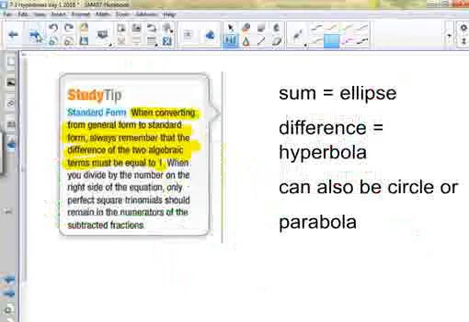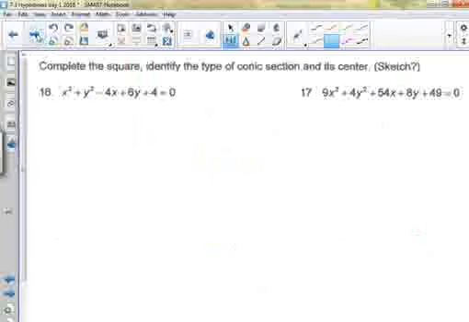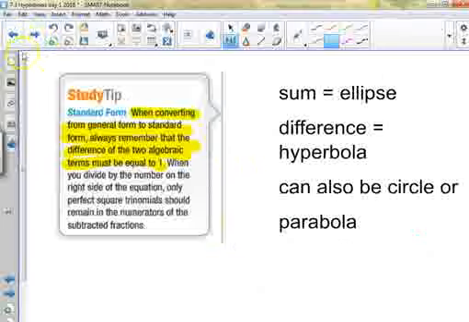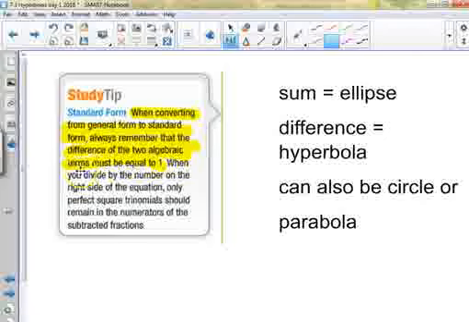All right. So we're going to talk about eccentricity. It says, when converting from general form to standard form, always remember the difference of the two algebraic terms must be equal to 1. We know that, right? It's got to be equal 1 on the right side. Okay, if it's a sum in the middle, it's an ellipse or a circle, right?